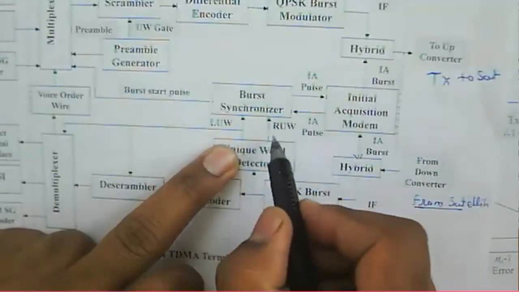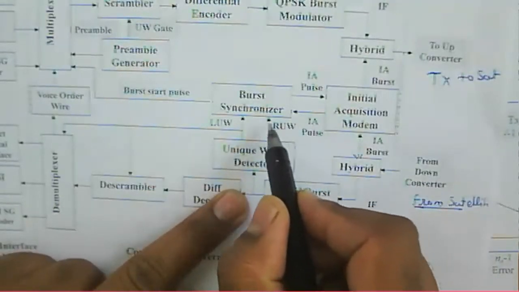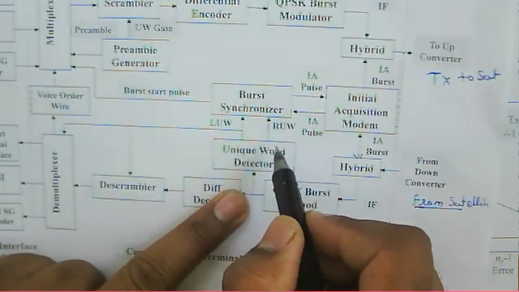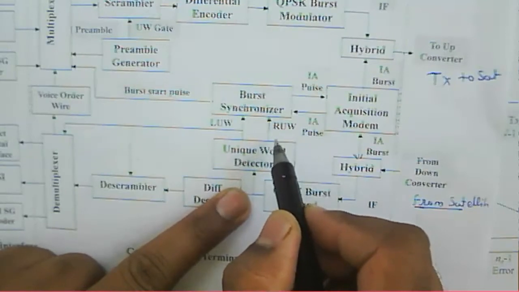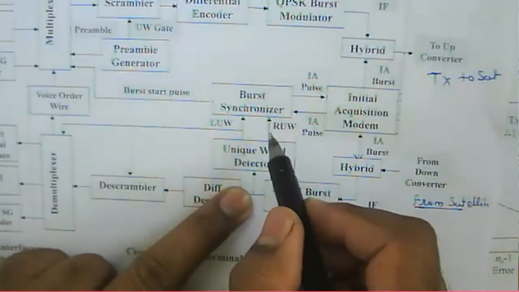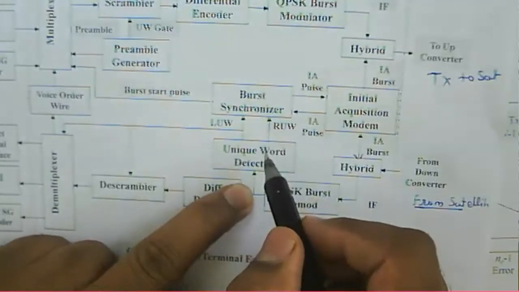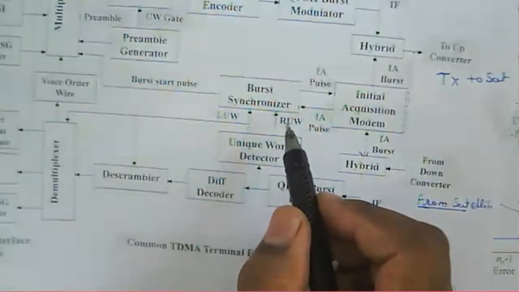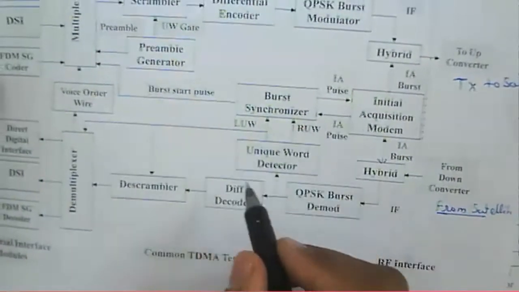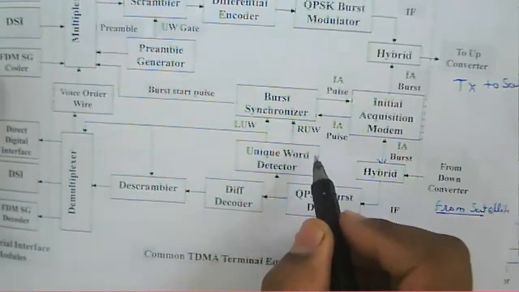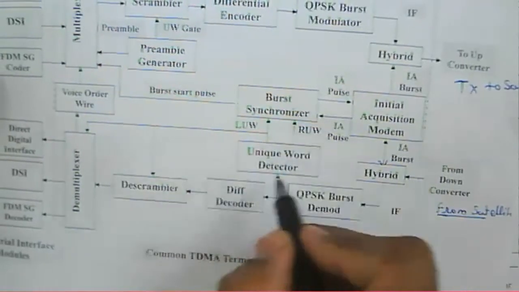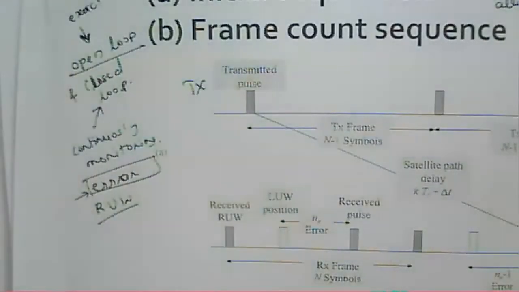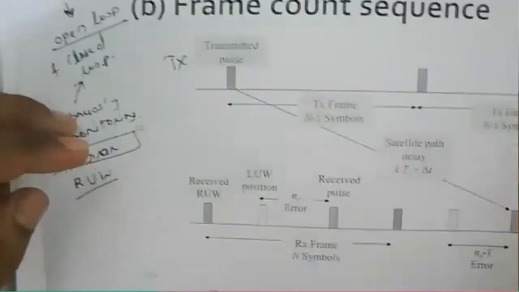We have the initial acquisition, so we require a receive unique word pulse, and that pulse will be useful for identifying the delay from the receive unique word, so that the position of the start of the local bus in the receive frame is marked by counting the symbols corresponding to the delay in the RUW pulse.